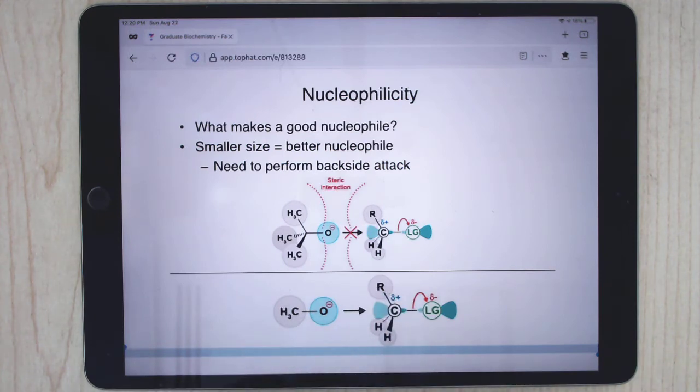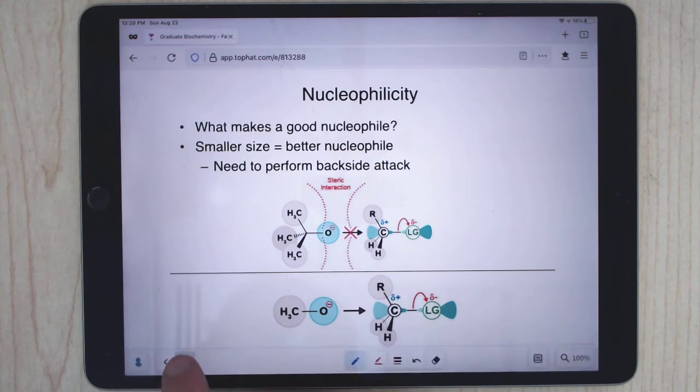If you're crawling through a tunnel, my 5-year-old nephew would be much better at crawling through that tunnel than I would be right now, because he's smaller. Same thing here. It's all about size with SN2 reactions, so the smaller the nucleophile, the better.